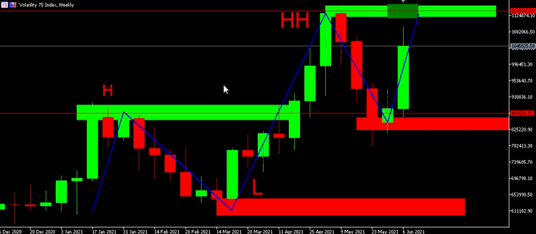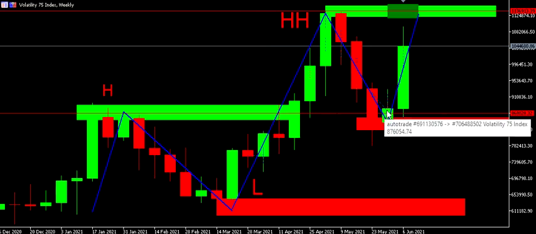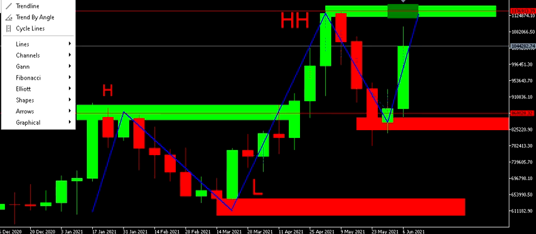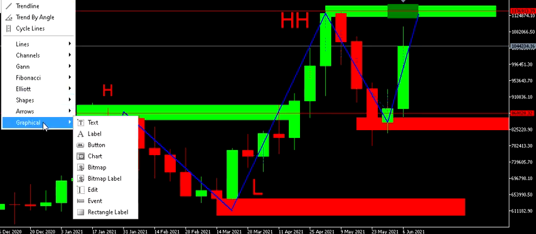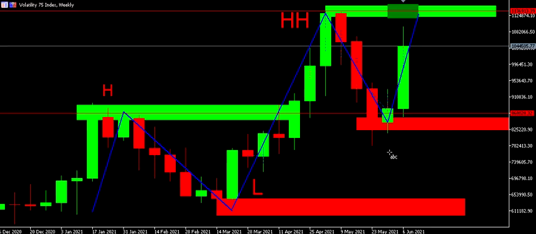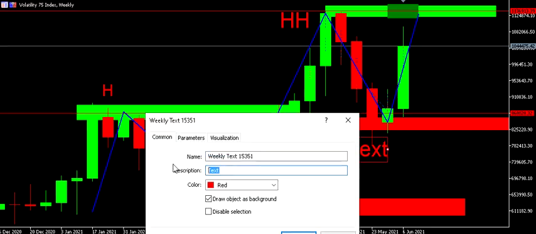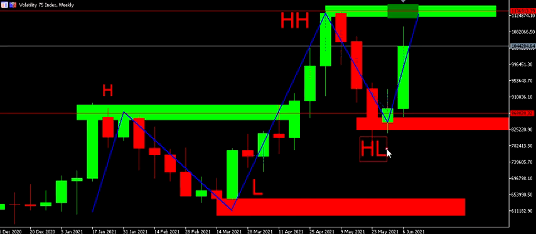Then price retraces back to the initial high to give us a higher low. We have a higher low around here. So two things can happen.